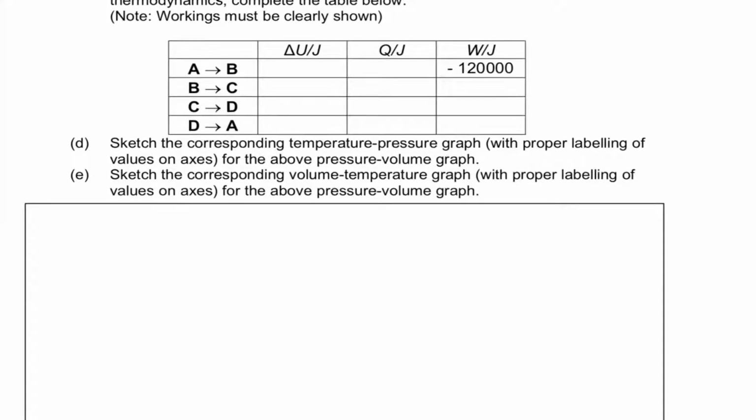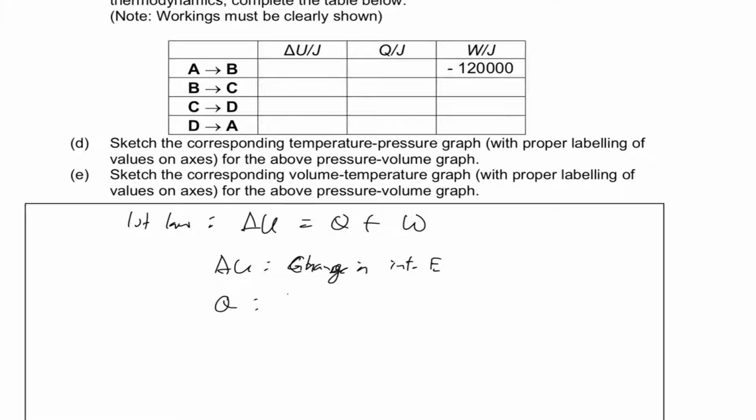So basically, your first law is delta U equals Q plus W. So delta U is the gain, change in internal energy, Q is heat supplied to system, W is work done on system, right?